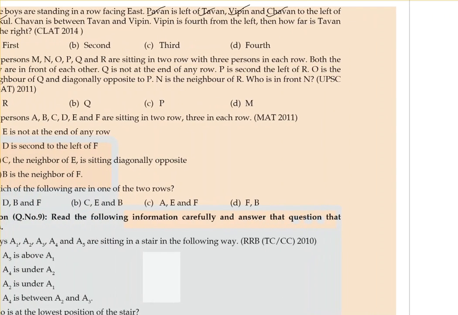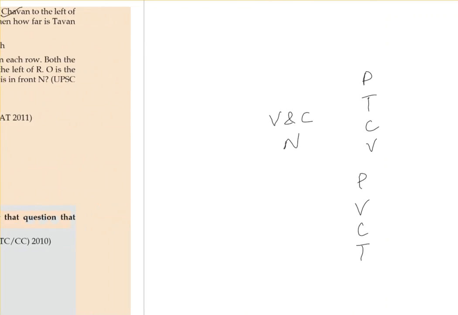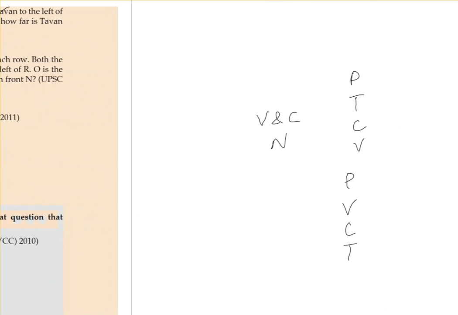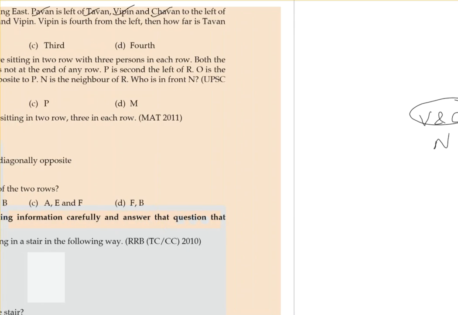Vipin is fourth from the left. This is the left side. So Vipin is fourth from the left. This one is correct. So the last one will be Nakul because obviously Vipin and Chavan are to the left of Nakul. Pavan is to the left of Tavan. All these conditions are fulfilled and Vipin is fourth from the left.